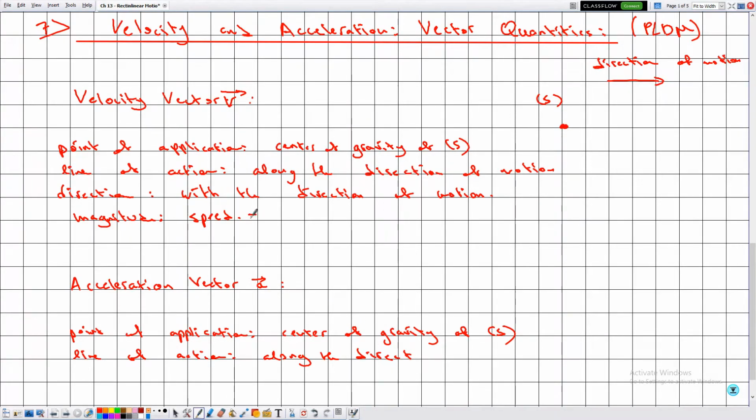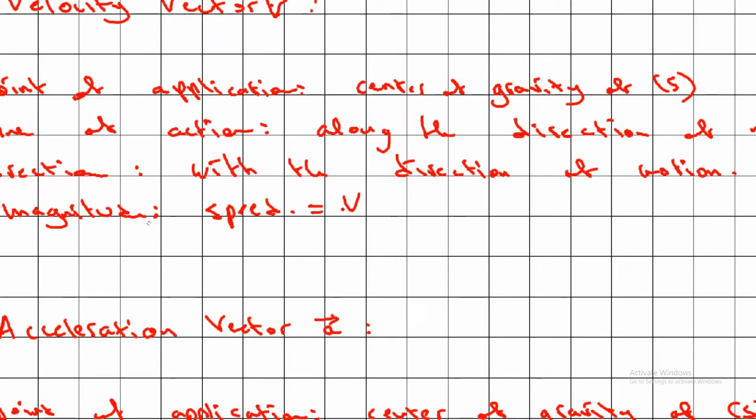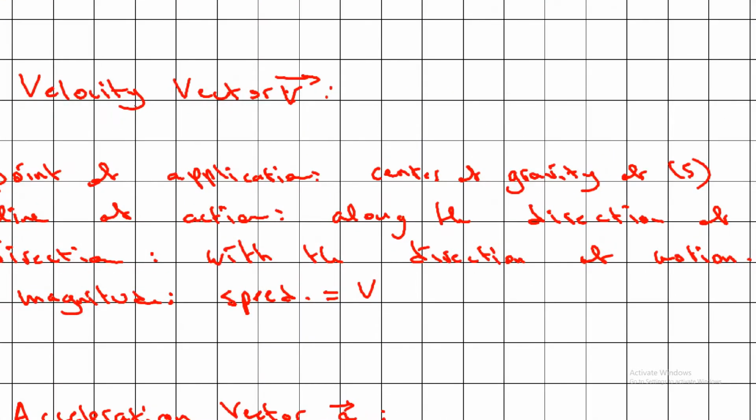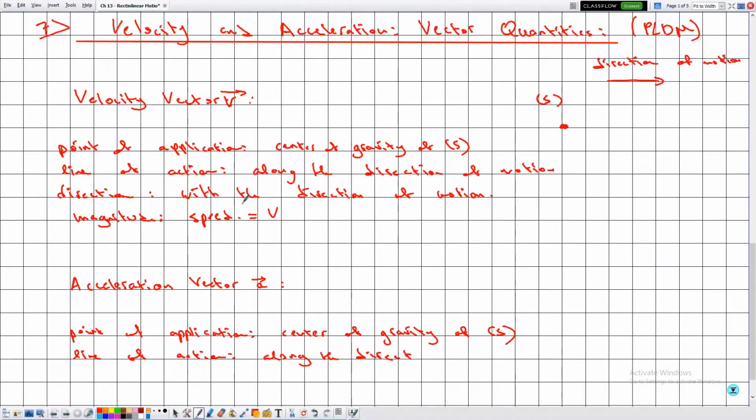Now here by the speed I mean the value v. Okay. For this reason we used to say that the speed is equal to the norm of v, because whenever we have a vector, if we are interested in the magnitude, we drop the vector. So along the direction of motion.